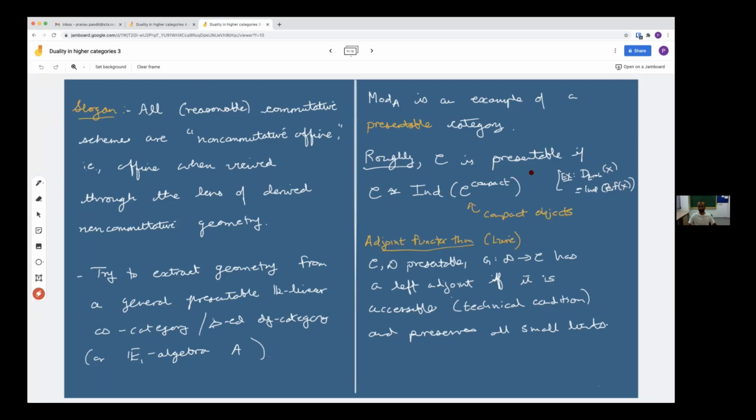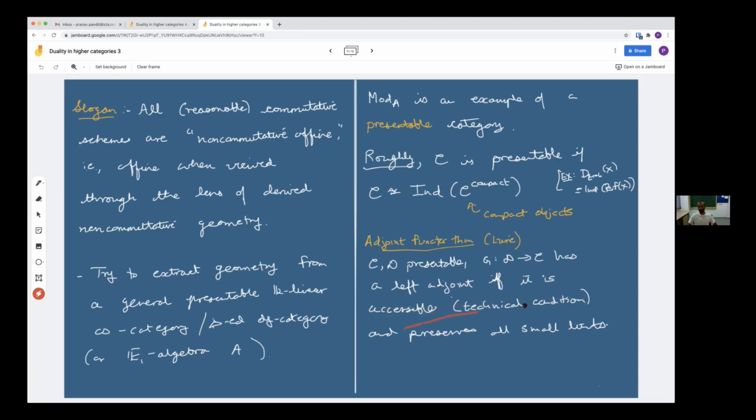Now, why are presentable categories interesting? They're basically interesting because you have an adjoint functor theorem. There's a version for one-categories that's a very old theorem. I don't actually remember who it is due to. But there's a version for infinity-one categories that's due to Lurie. Basically it says that if you have presentable categories, then a functor G has a left adjoint if it satisfies some technical condition called being an accessible functor, which I won't get into.